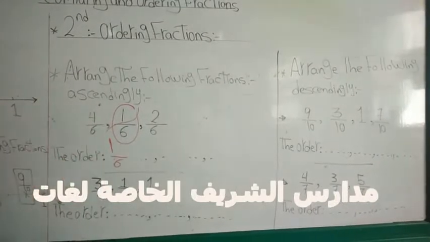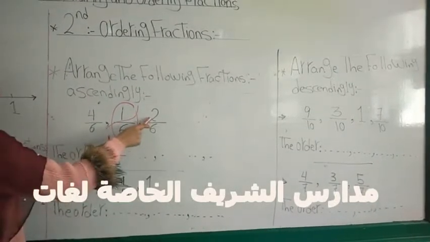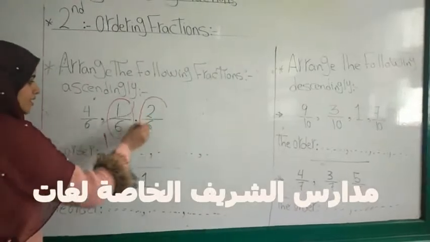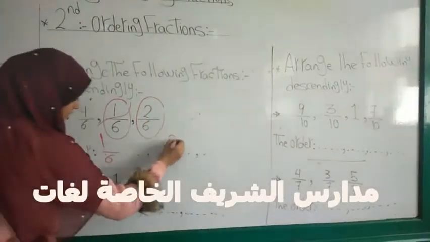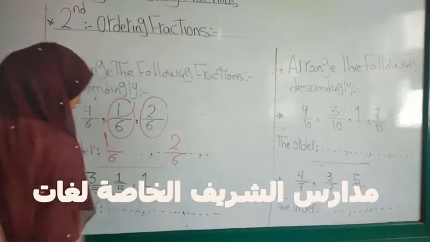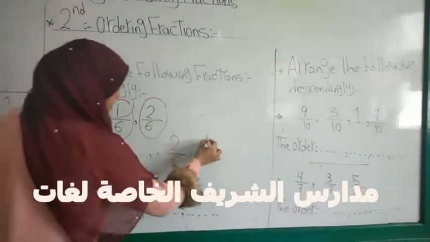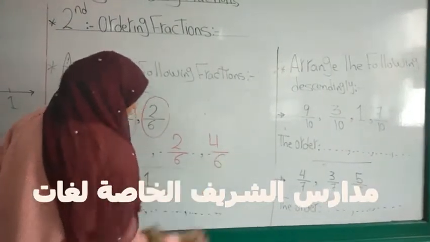Then 2 or 4, 2 is the smaller numerator, so 2/6 is the smaller fraction. Then 4/6 is the greatest fraction.